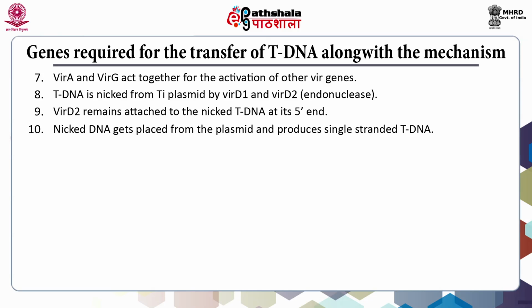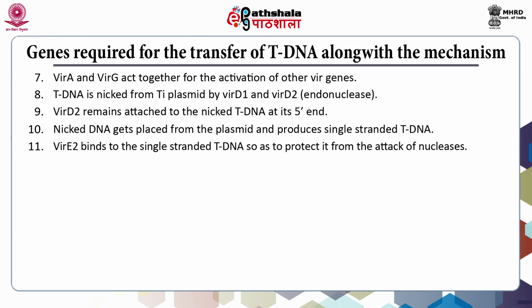The nicked DNA gets displaced from the plasmid and produces single-stranded tDNA. Now, single-stranded tDNA is susceptible to attack by nucleases. Therefore, to protect it from the attack of nucleases, VirE2 binds to that single-stranded tDNA.